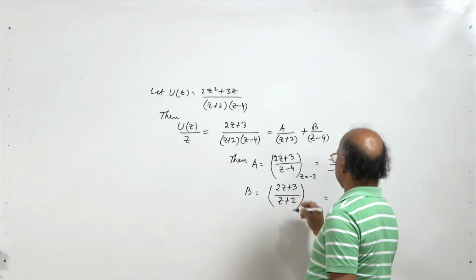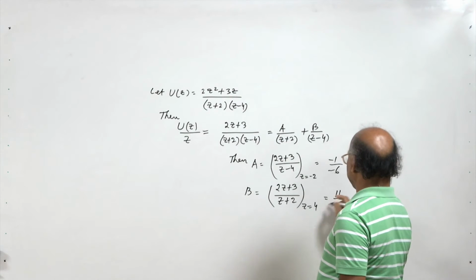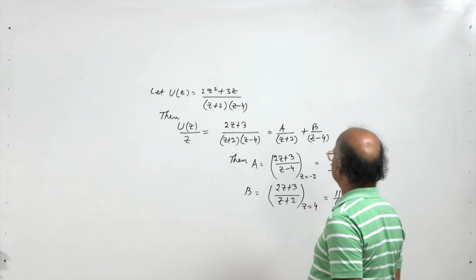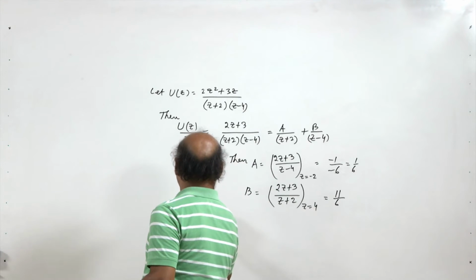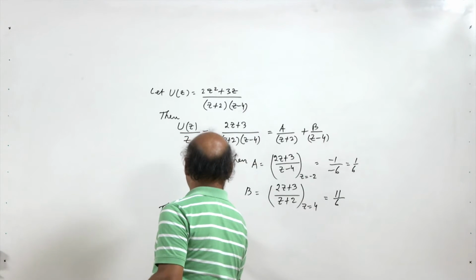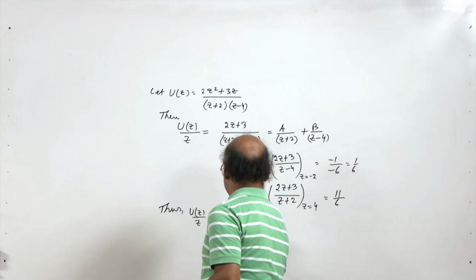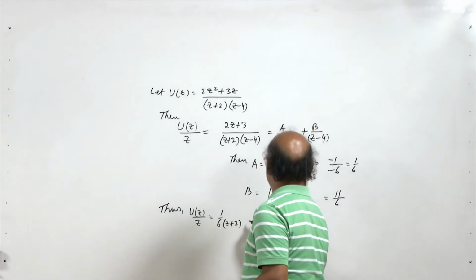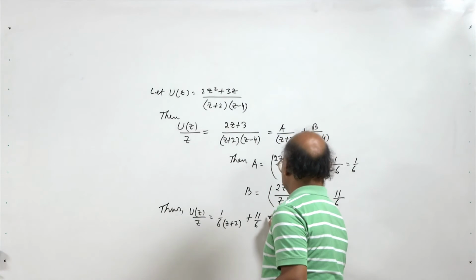So, when we put z equal to 4 here, 4 into 2 is 8 plus 3 is 11 divided by 4 plus 2 is 6. So, B is 11 by 6. Thus U(z) by z is equal to 1 by 6 into 1 over z plus 2, and then 11 by 6 into 1 over z minus 4.